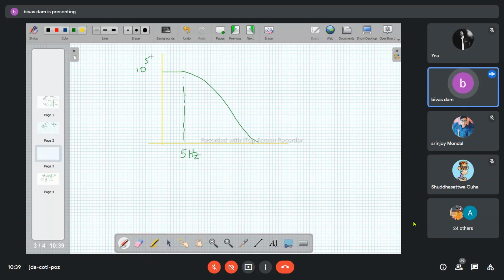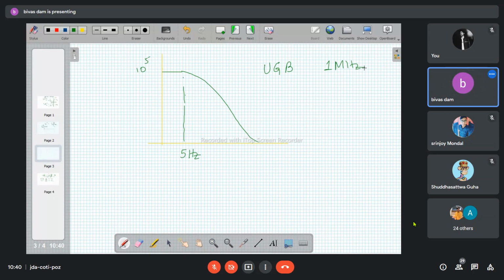In the case of IC 741, the UGB or unity gain bandwidth, that means the frequency at which the open loop gain becomes 1, is 1 megahertz. So if you use the IC 741 at 1 megahertz, your AOL will become 1. At around 100 kilohertz, the AOL will become 10.